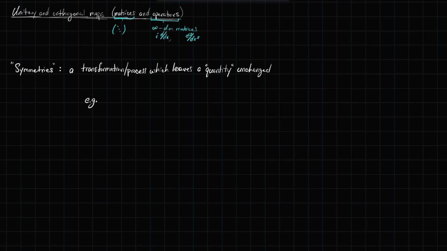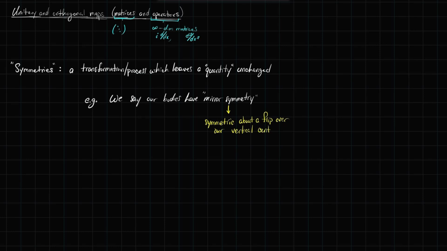When we say that our bodies have mirror symmetry, what we really mean is we have a symmetry about a flip over our vertical center, or vertical axis, maybe I'll say.